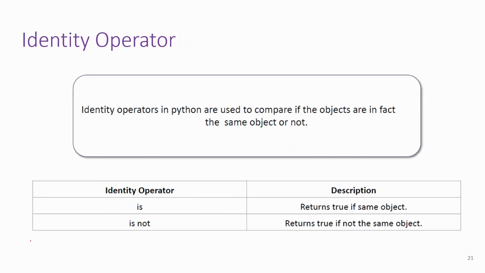Then we have the identity operator, which returns true if it is the same object, and is not returns true if it is not the same object. We will discuss this later. For the time being, understand that we have a variety of operators available.